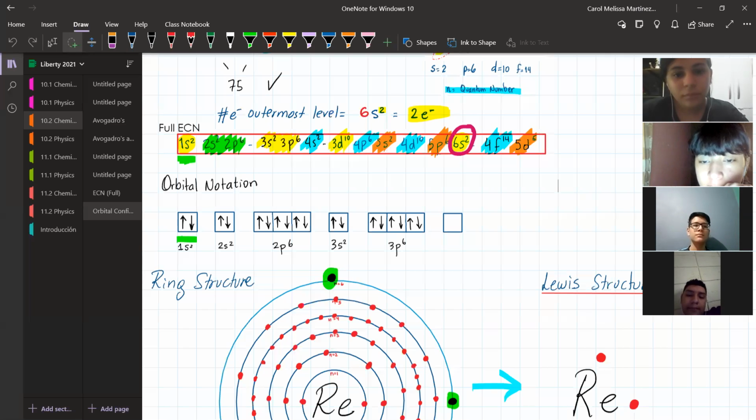First the arrows that go upward, then those that come downward. And then we have 4s2. So two electrons, one up, one down.